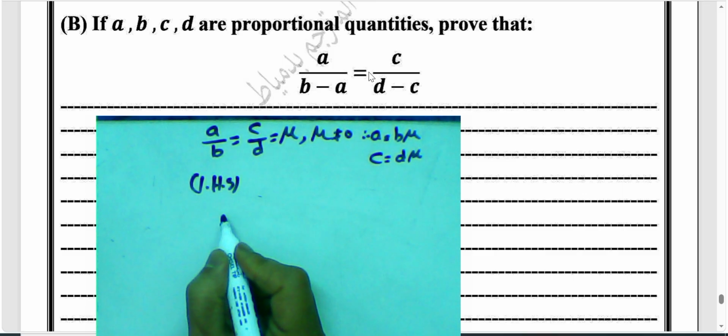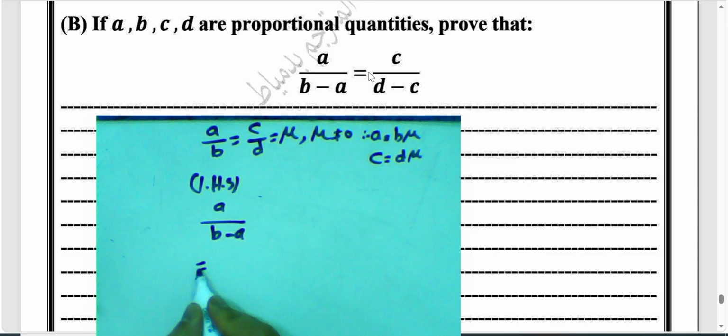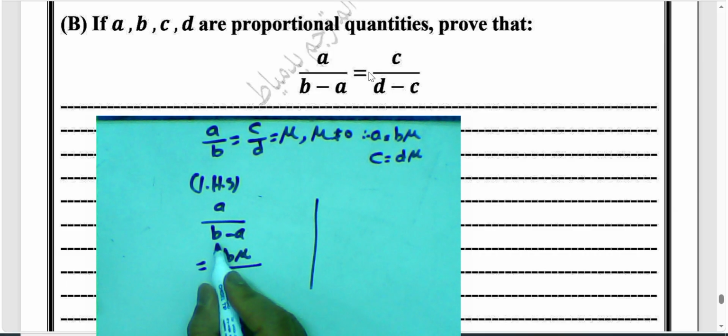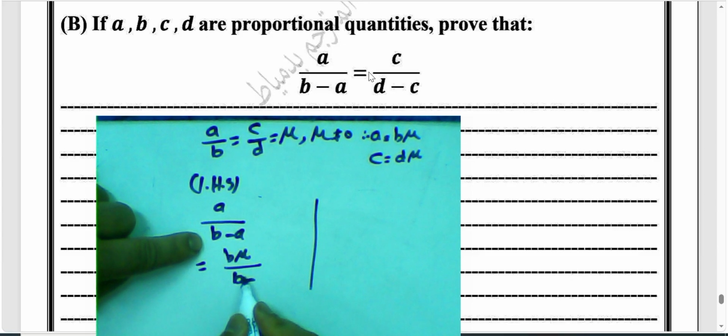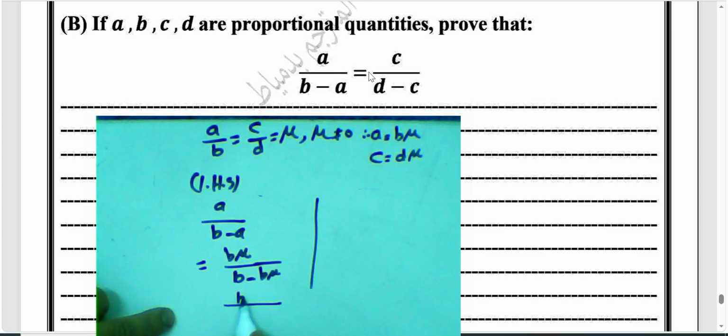Left hand side we have a over b minus a, equivalent to bm over b minus bm. We can take b as a common factor of the denominator, and we have bm over b times 1 minus m. We can cancel. The result here will be m over 1 minus m.